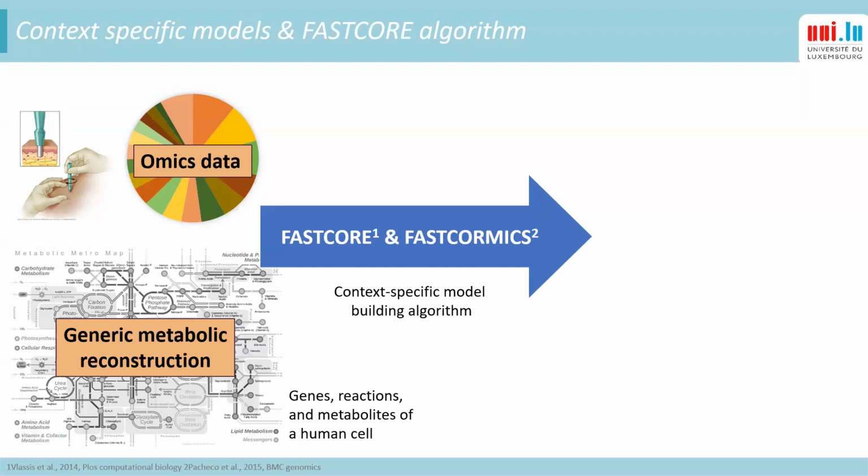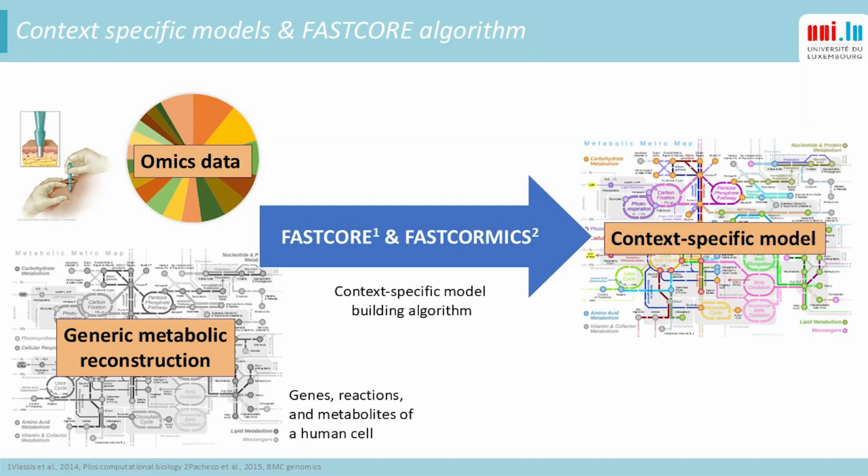The tools we are using are called FastCore, and there are a lot of families. Basically, what the algorithms do is generate, from the specific data and the prior general knowledge network, a specific metabolic network. It's like a mathematical representation of the metabolism of the patient, of the tumor.